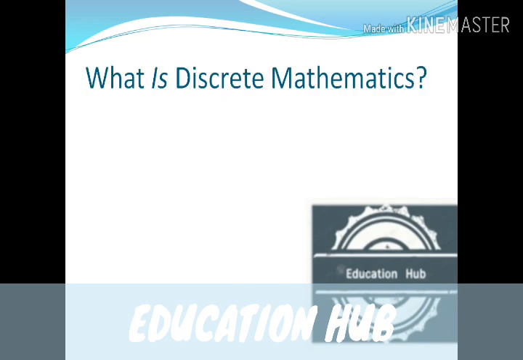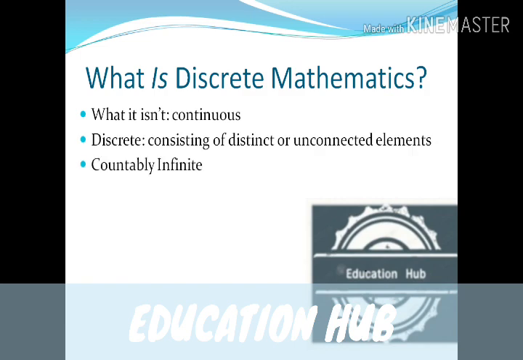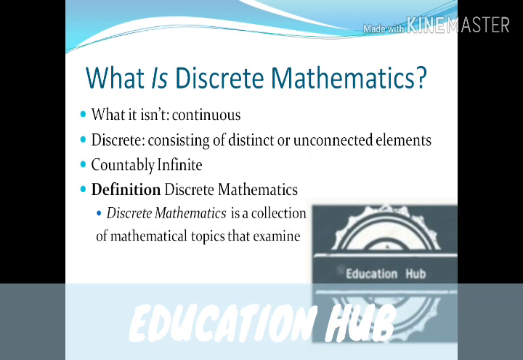What is discrete mathematics? Discrete means it is not continuous, consisting of discrete, unconnected elements, not continuously infinite.